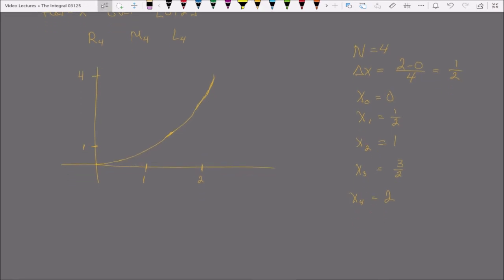For the endpoints, if we first look at R4, we're using the right endpoint as our height. This will probably be 1/2 here. Then this is our 1.